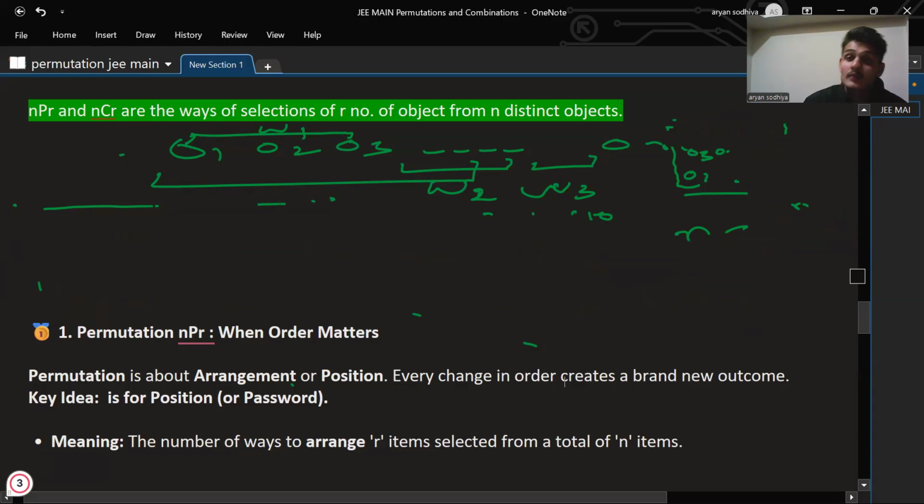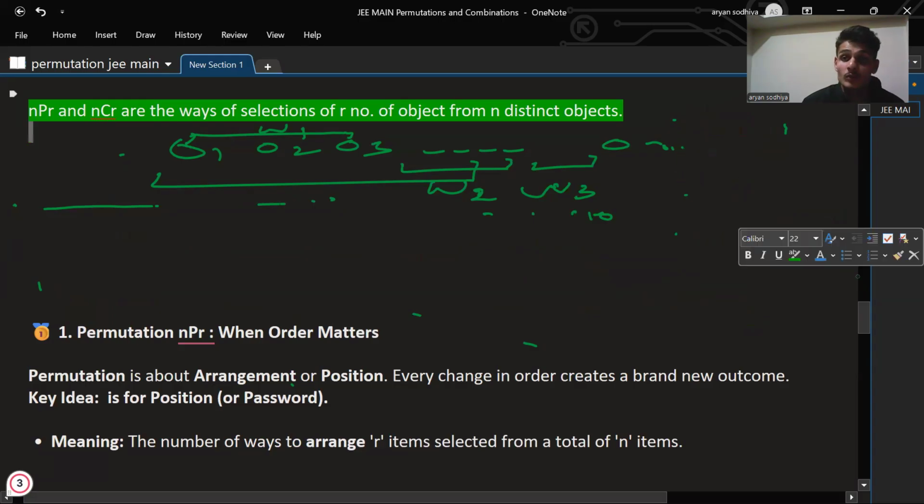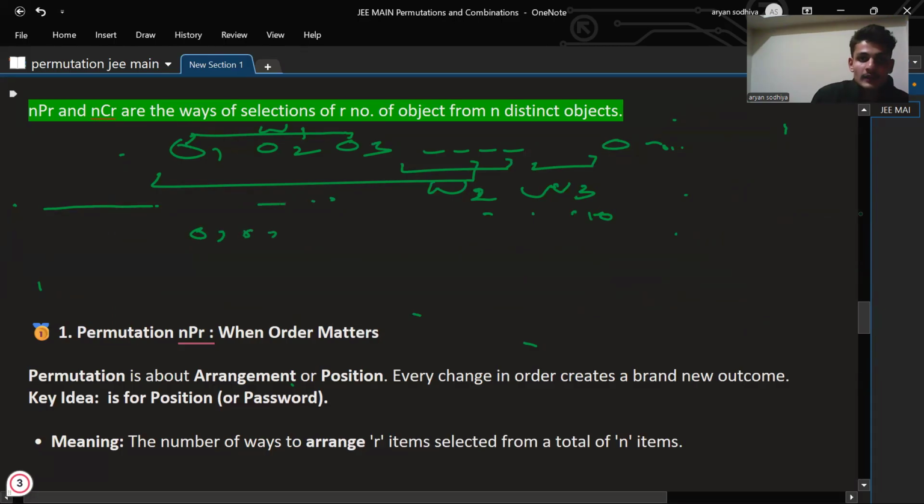Like, you have 10 objects and you need to group three out of them. You have n distinct objects, O1, O2, O3 till On, and I need to group three. In how many ways can I group them? One way is O1, O2, O3, another way is O2, O3, O4.